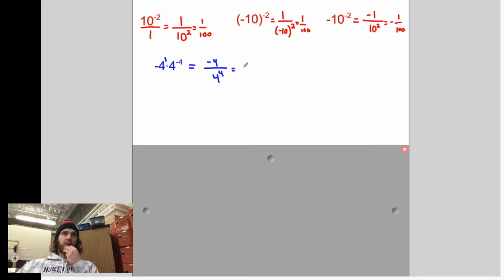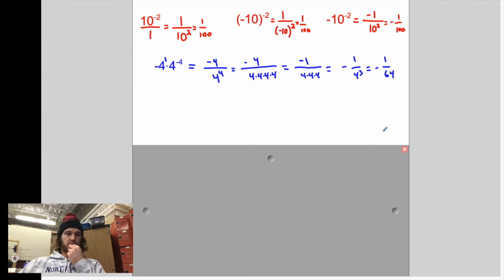Now we know this is negative 4 over 4 times 4 times 4 times 4. So a pair of 4s is going to cancel here, and what we'll end up with is negative 1 over 4 times 4 times 4, which is 4 to the third, which is 64. So negative 1 over 64 is our answer.